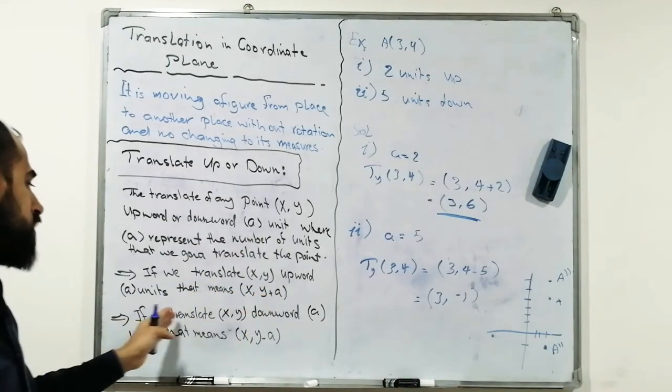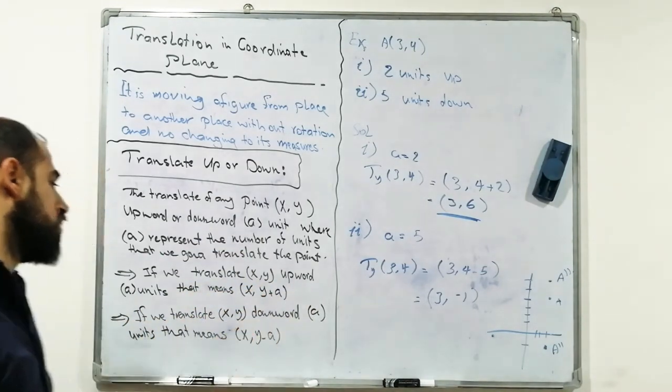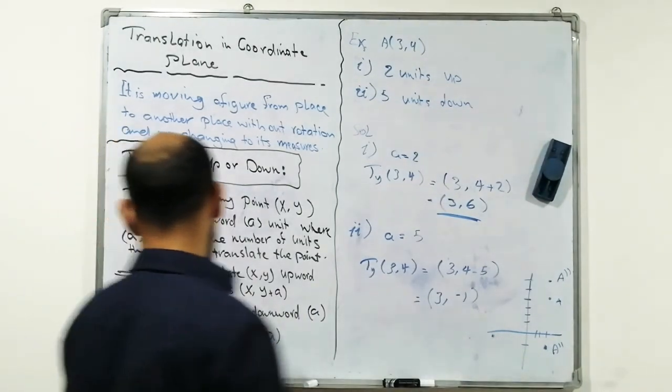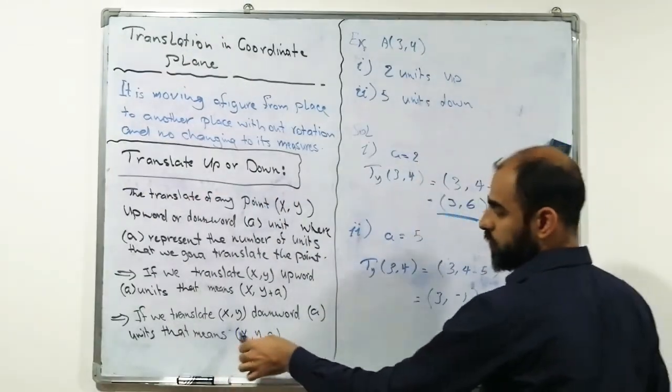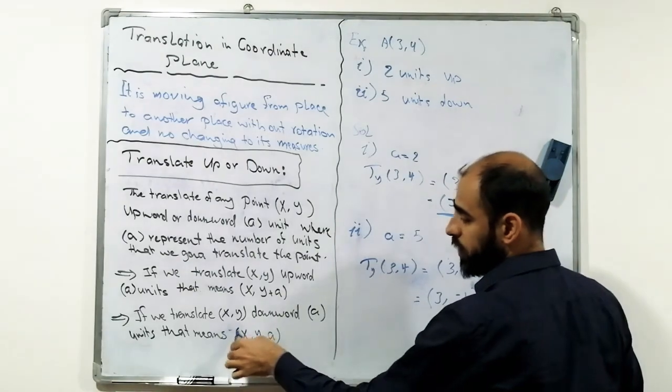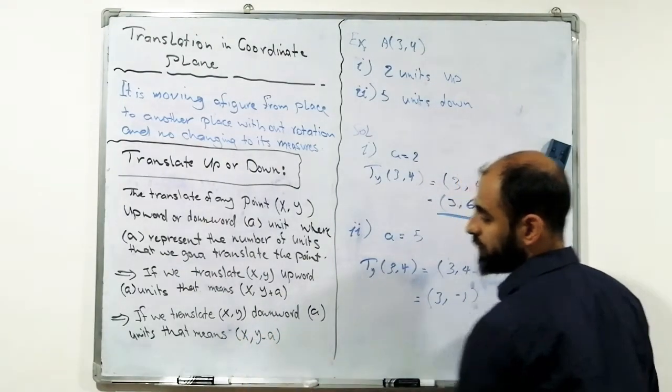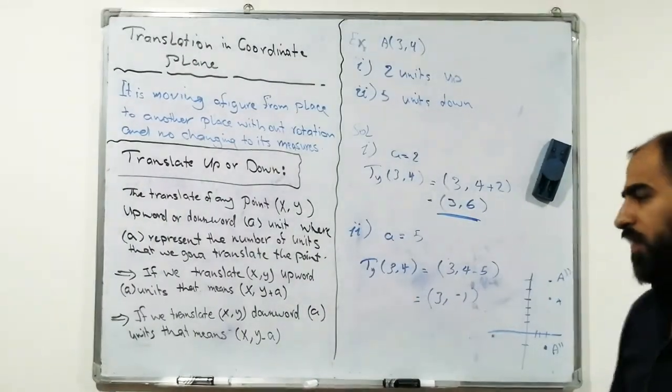If we translate x, y downward, a point or a unit, that's meaning the point or the figure of the point, or the point after translation, x, y minus a. ليش طرحنا؟ لأن راح تنزل الأسفل الاتجاه السالب.